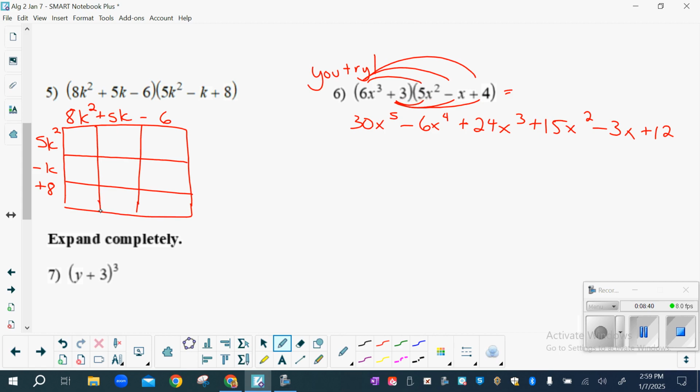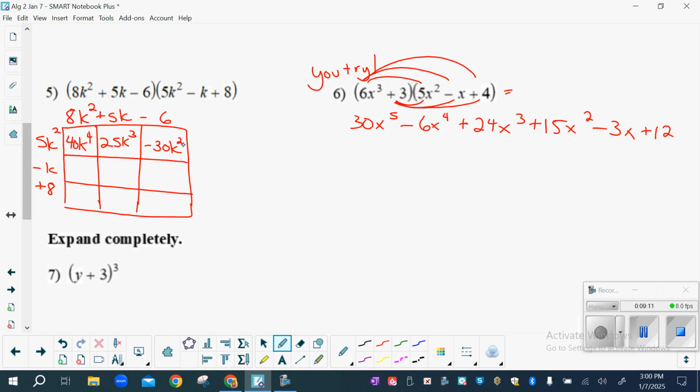We start with 8k squared times 5k squared, which would be 40k to the 4th. And then we're going to take 5k squared times 5k, that's 25k to the 3rd. What's 5k squared times negative 6? Negative 30k squared.